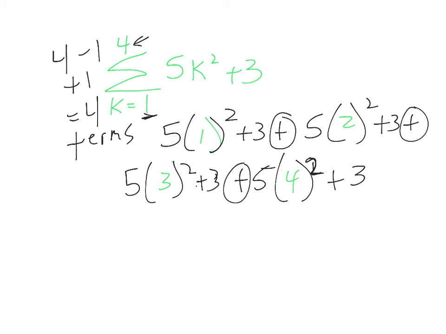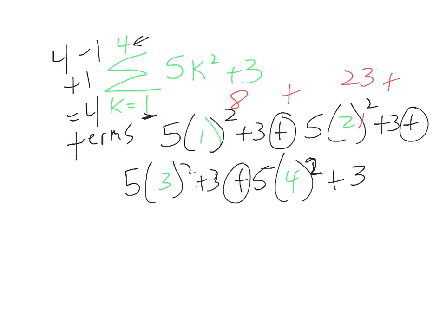All right, so if we do this math, let's use red this time. So we have 1 squared, which is 1, times 5, which is 5, plus 3. So this is 8. 2 squared is 4. 4 times 5 is 20, plus 3, 23. And again, we're going to add as we go.